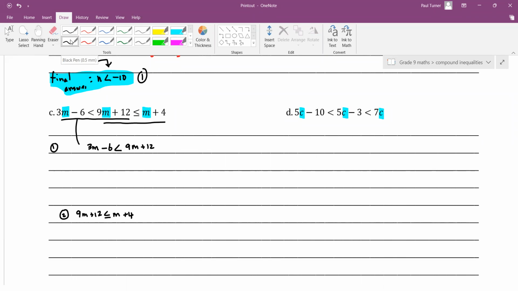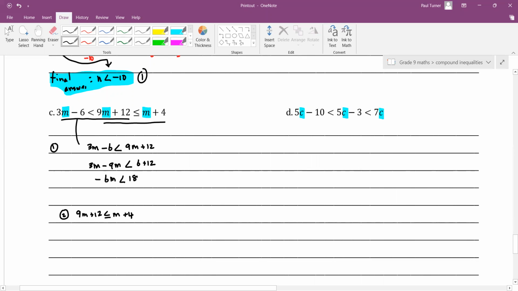So if you think you know, you can put in the chat box your final answer down here. So we could bring the 9M over. We'll get 3M minus 9M. Bring your negative 6 over, will be 6 plus 12. 3 minus 9, negative 6M, less than 18.